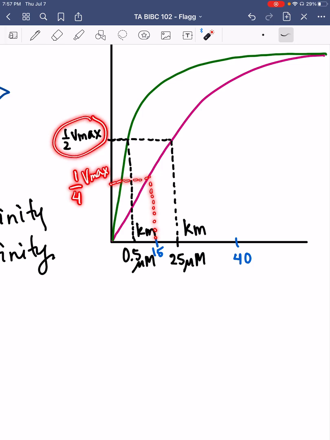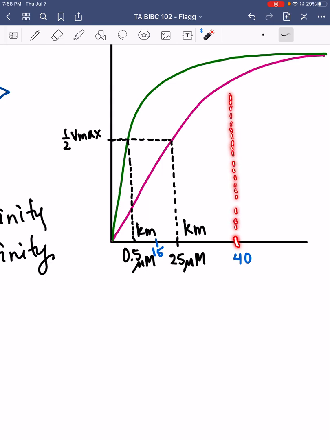So it's not going to reach 1/2, whereas at 15, this enzyme reached the 1/2 well, right, and even surpassed it. Now when we get to 40, this enzyme is going to be past its 50%, and maybe be at like 60% or something.